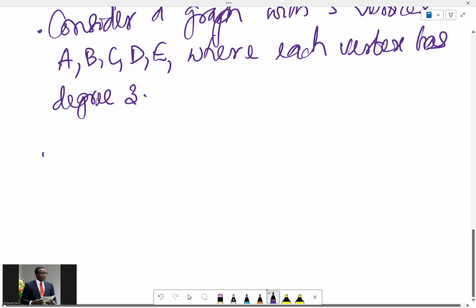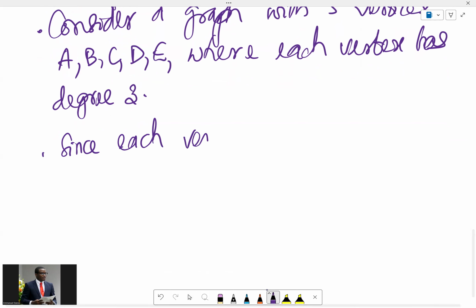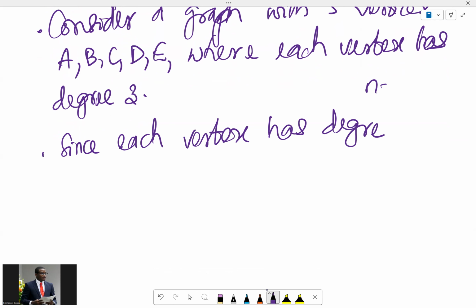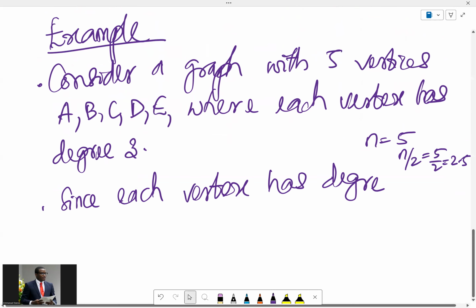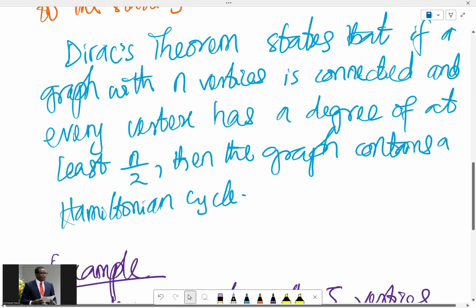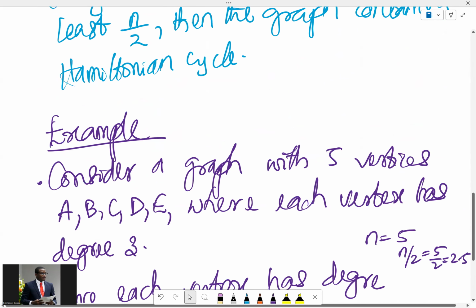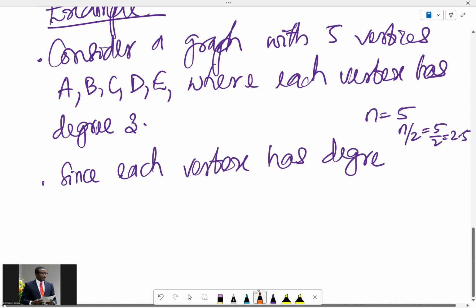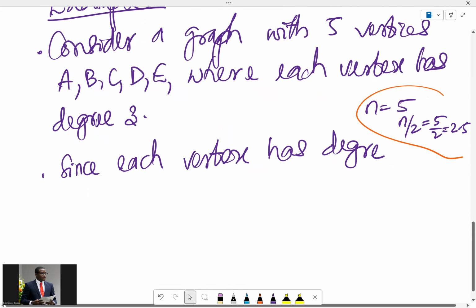Since each vertex has degree 3, you already see n is equal to 5. n over 2 is 5 over 2, which is 2.5. The theorem says that every vertex has a degree of at least n over 2. So if every vertex has degree 3, it has met the condition for Dirac's theorem, right?